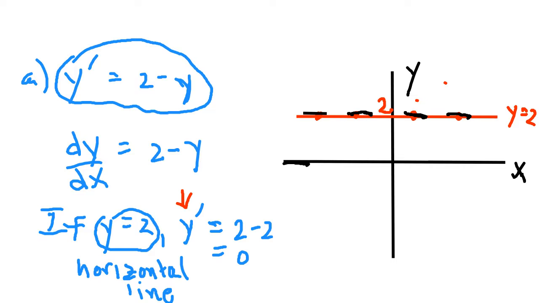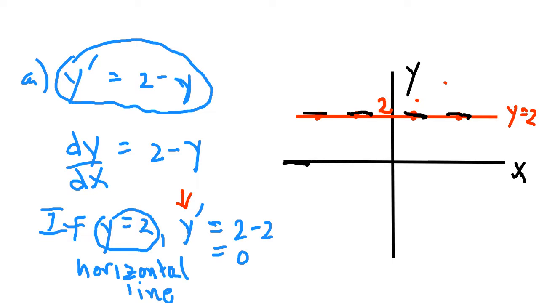Okay, so along the line y equals 2, I want to say this the right way.